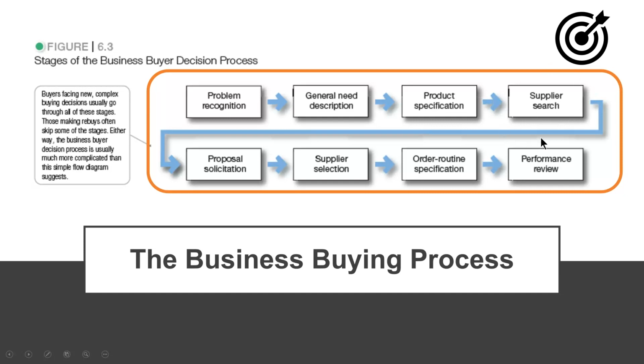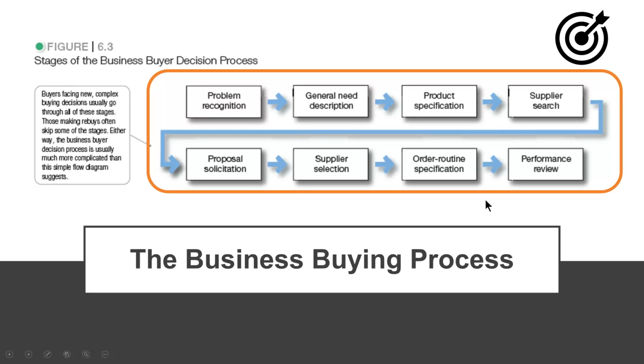You select a supplier. You go through a proposal process usually. Then you make a final selection of a supplier, and then you start buying routinely, or you do a modified buy, or you actually have to start from the beginning if you have a new buying situation.